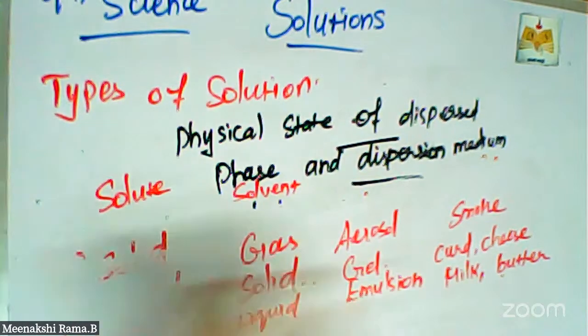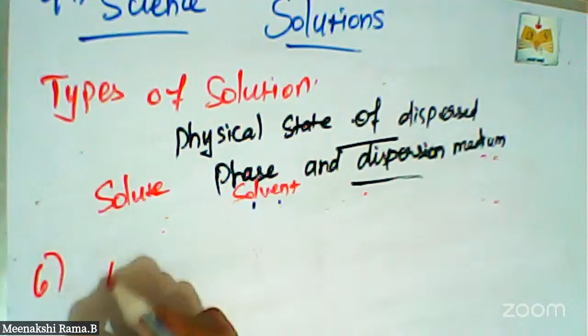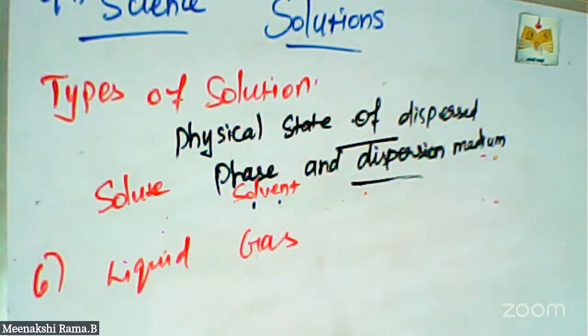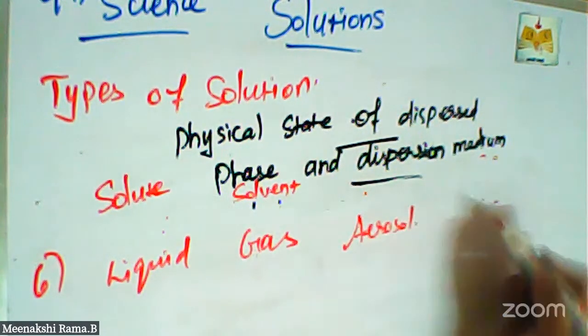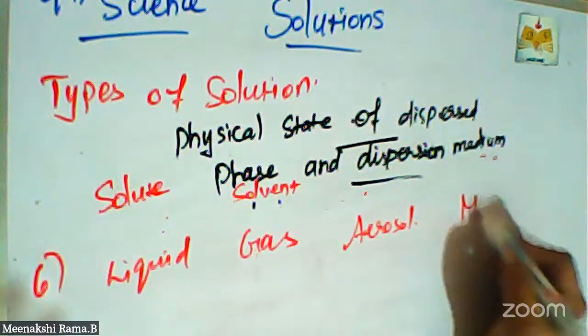And next, the sixth one, liquid and gas. This is also called aerosol. The example is mist.